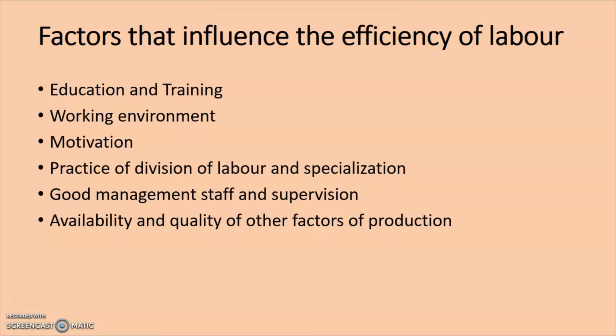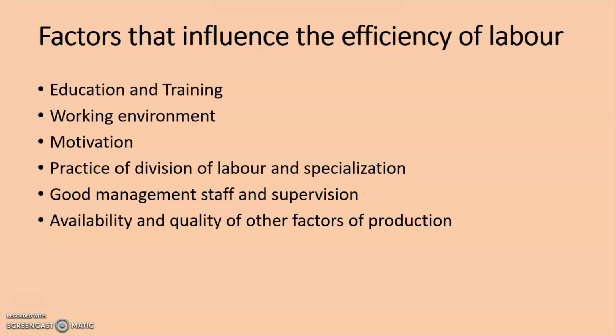Then we have availability and then quality of other factors of production. Now, let's assume that an efficient labor wouldn't be efficient if the other factors he or she has to use to work are also not efficient.